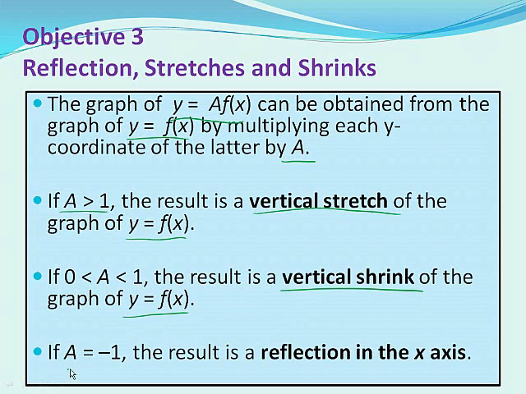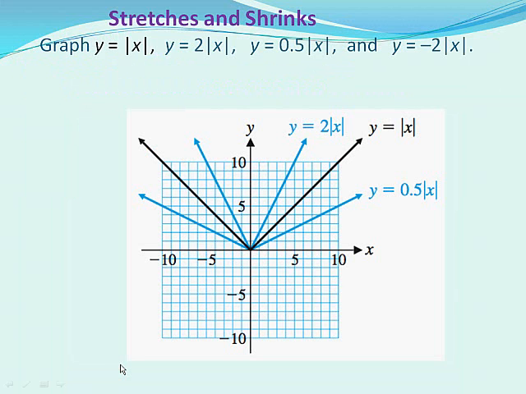And if a happens to be negative 1, the resulting graph is a reflection in the x-axis. Here is an example. y equal to absolute value of x, which is the graph indicated in black here.